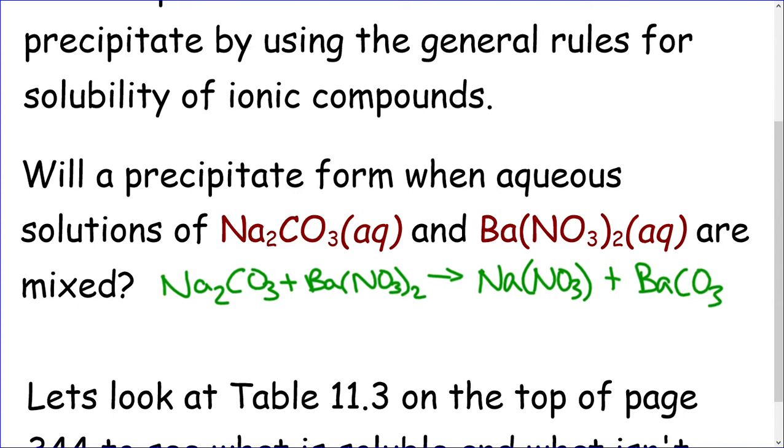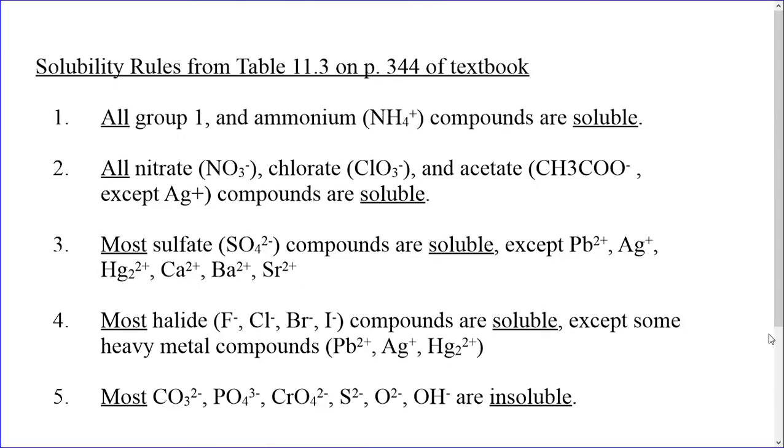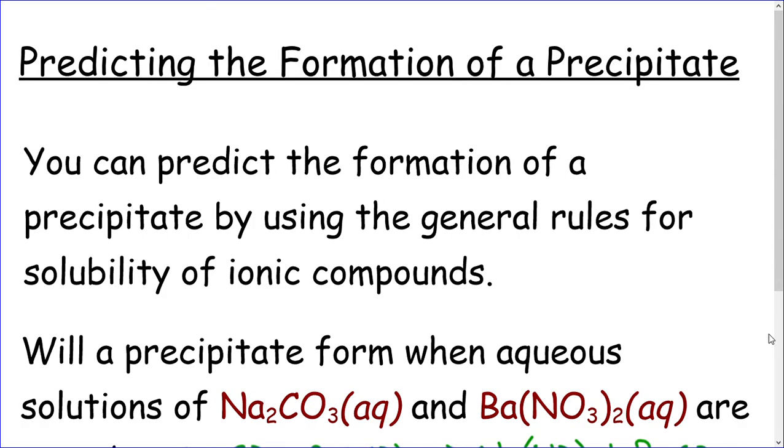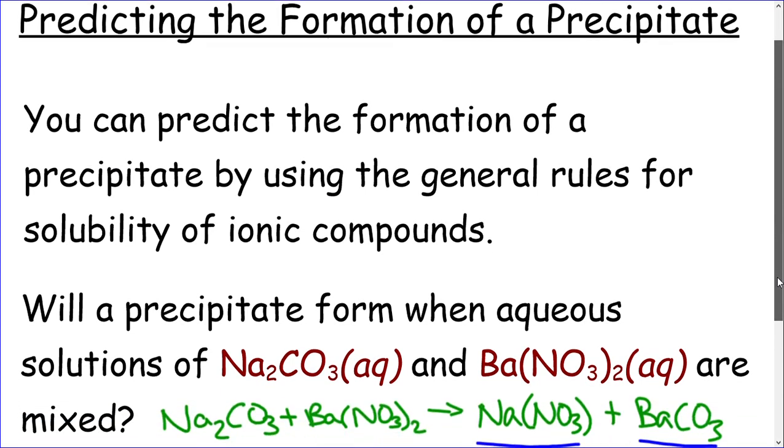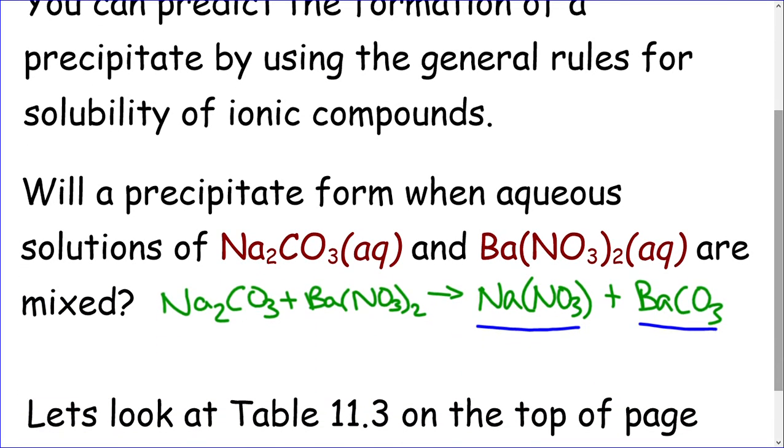So really I'm looking here and checking to see, okay, will either sodium nitrate or barium carbonate make a precipitate? According to my list here, all nitrates are soluble. So that means that this nitrate is going to be soluble.